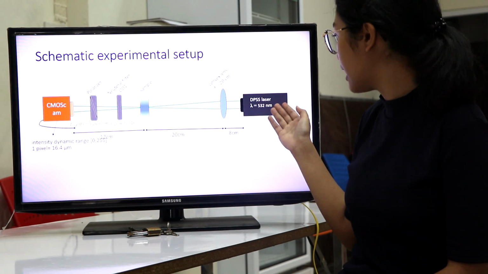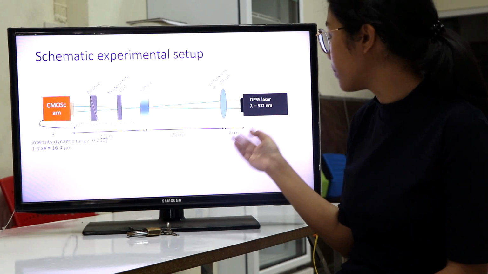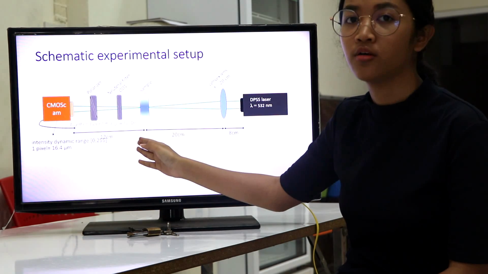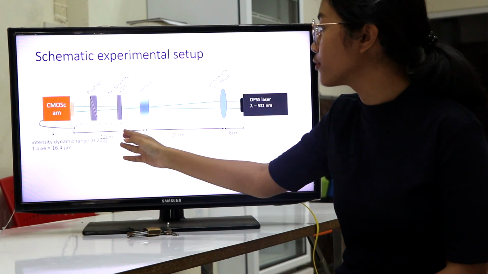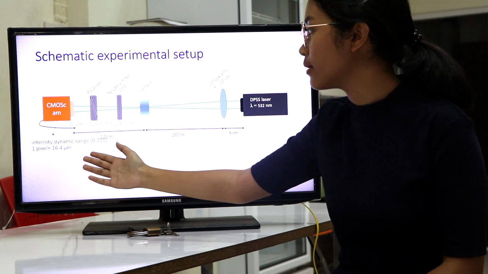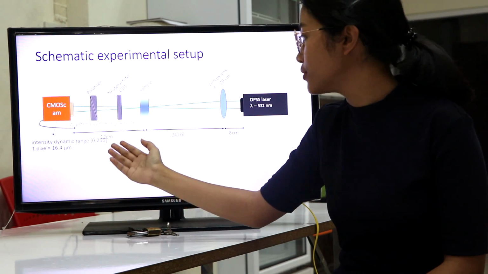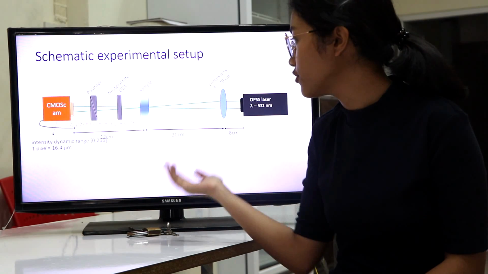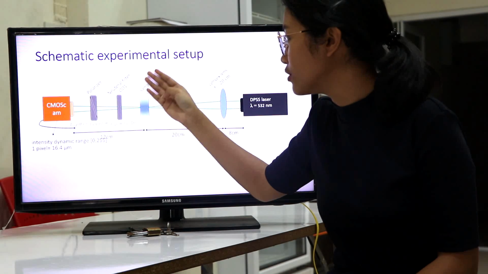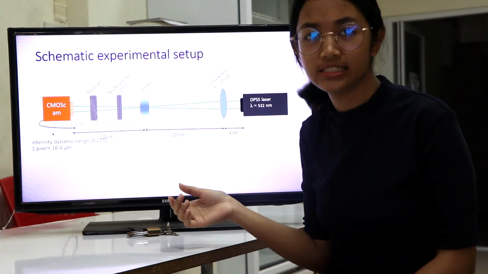The laser beam I use has a wavelength lambda of 532 nanometers, and I use a convex lens to focus on the sample at the focal point, and use a digital filter polarizer as a variable filter, and use a CMOS camera, which has an intensity dynamic range of 0 to 255, and that is the reason why I have to use a variable filter to control the intensity.